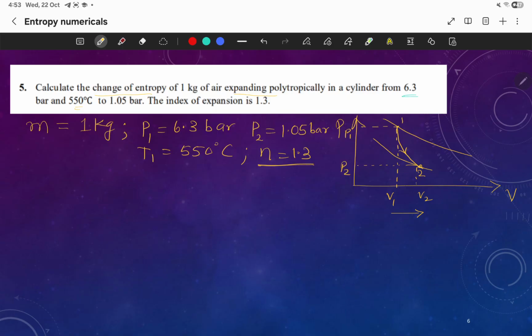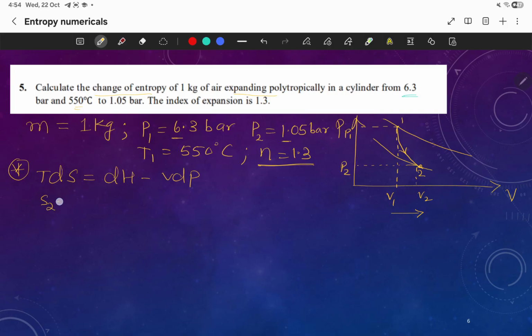Now what should be the approach? Which formula should we apply here? I hope it is clear that the values of P1 and P2 are given here. I hope the thought that strikes directly is TdS equals dH minus VdP, because pressure is varying here. Okay, so if we write this relation, what will we get?